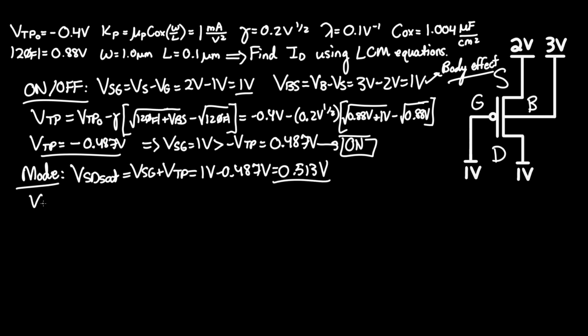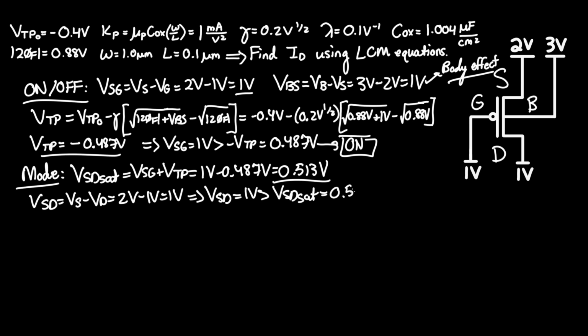Comparing this to VSD, which is Vs minus Vd, or 2 volts minus 1 volt, which is again 1 volt. VSD is greater than VSD sat. Since that is the case, we are operating in saturation region, which will give us our current formula.